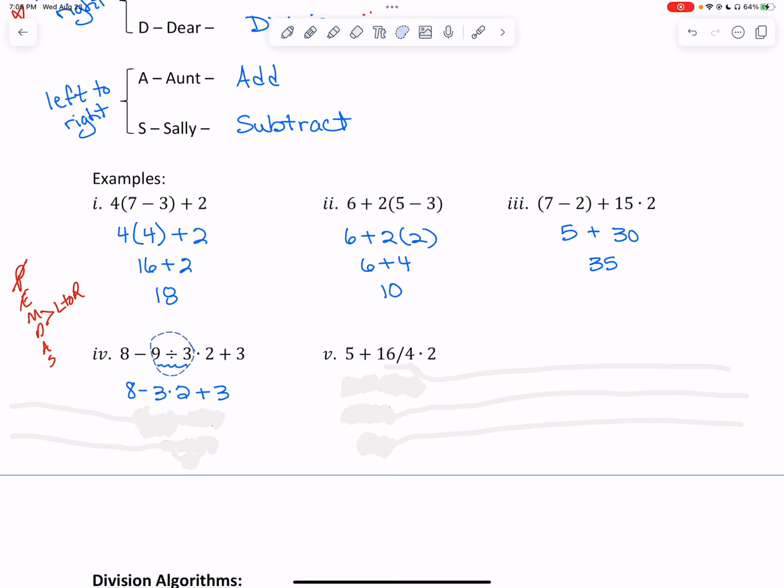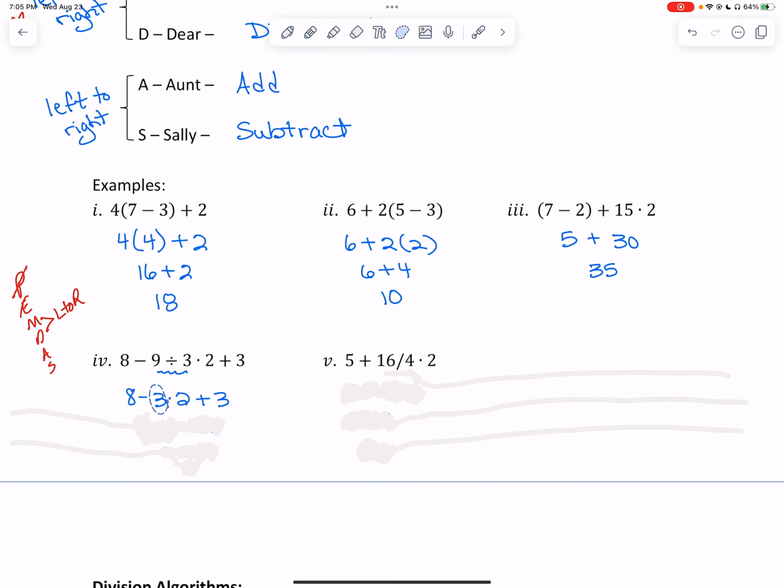So that gives me a 3. All right, so now our choices are subtraction, addition, or multiplication. So multiplication comes next. So that's how we got our 6 right there, right? We multiplied.